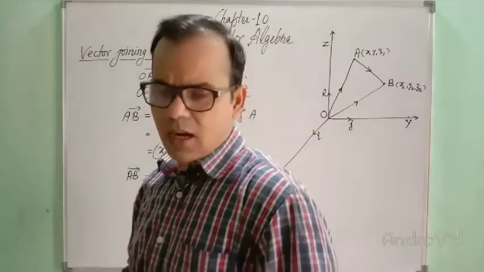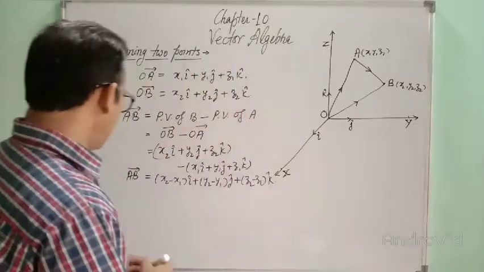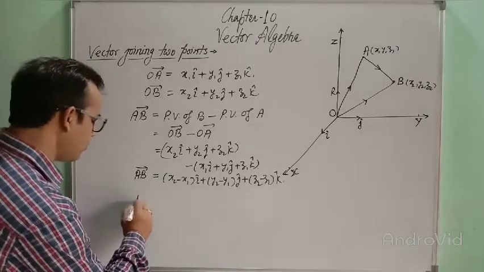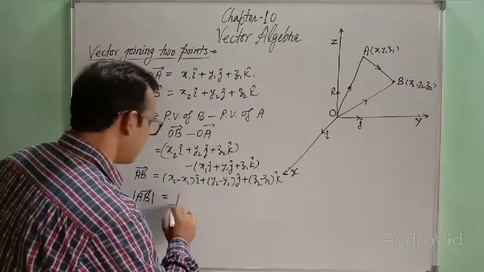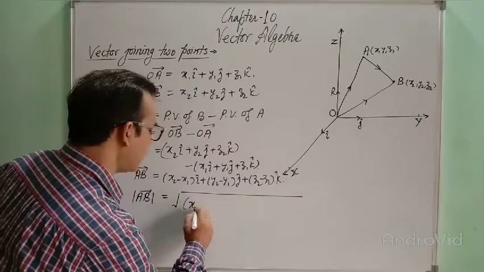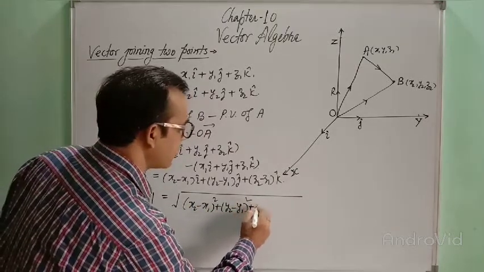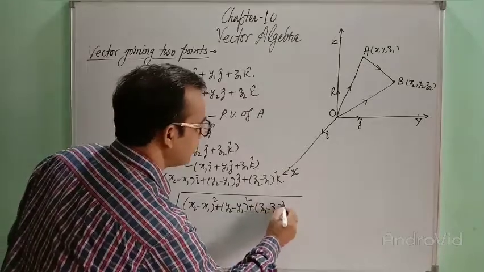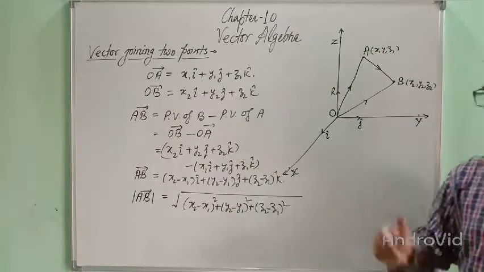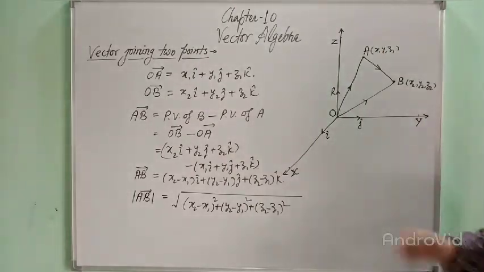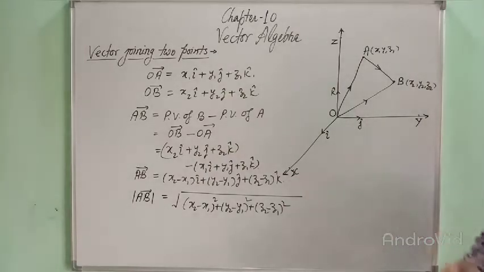Now let's discuss how to get the magnitude of this AB. So we can get the magnitude of AB as the square root of (x2 minus x1) whole square plus (y2 minus y1) square plus (z2 minus z1) square, and it can easily be proved using the Pythagoras relation that the magnitude of AB, which joins the 2 points A and B, will be given by this.